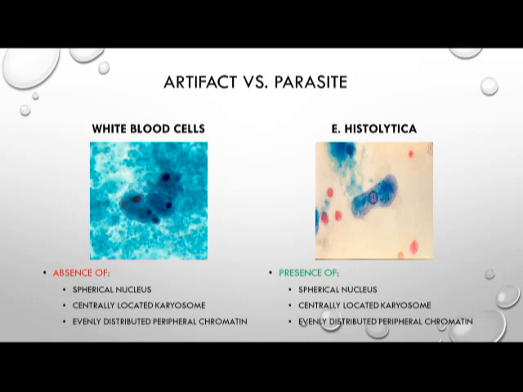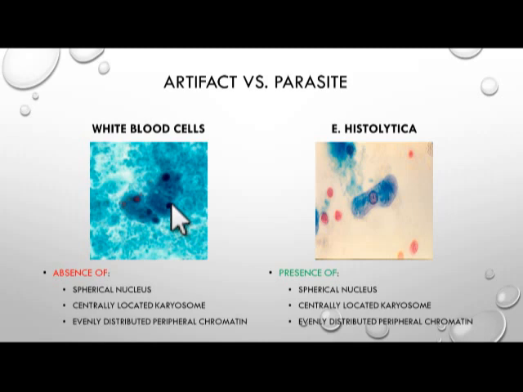Entamoeba histolytica can be confused for artifacts if you're not trained. On the left here, we have a cluster of white blood cells. You can see the absence of the key morphological features: there's no spherical nucleus, and no centrally located karyosome. This looks like a solid nucleus in the epithelial cell.